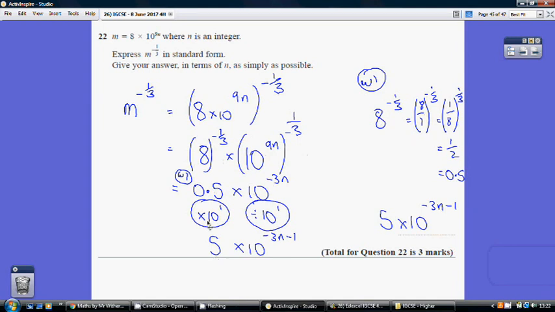So I've multiplied that by 10, which is 10 to the 1, but I can't change the number overall, so I've got to offset this multiplying by 10 to the 1 by dividing this second term by 10 to the 1. Now when we're dividing, we take away the powers, so that's going to be minus 3n minus 1. So our final answer is going to be 5 times 10 to the power of minus 3n minus 1.